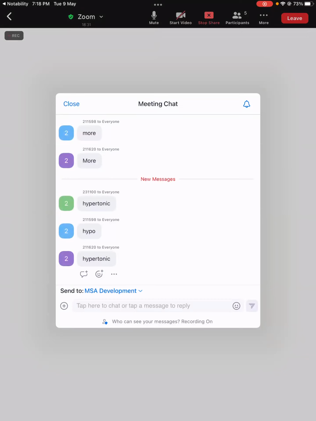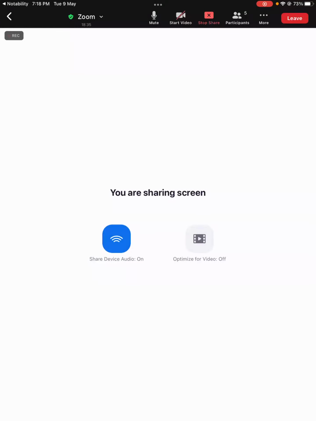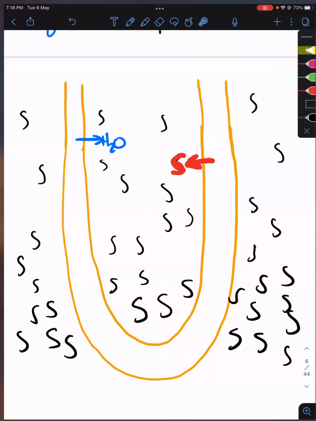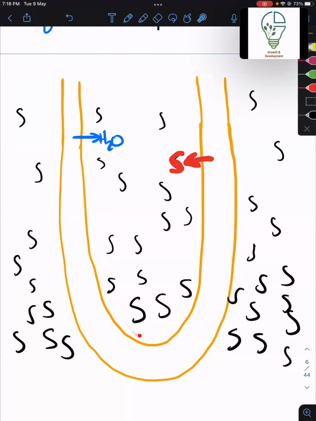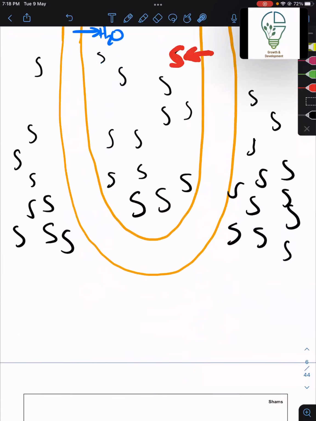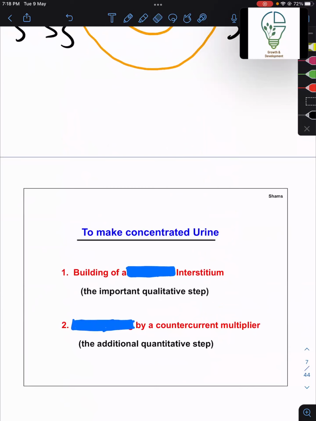Okay, good. I see two answers for hyper. Exactly, it's hypertonic. I think somebody said hypo, so let me explain it again. You see how there's a high concentration of solutes, especially the deeper we go. This means that the interstitium is hypertonic compared to the tubules.